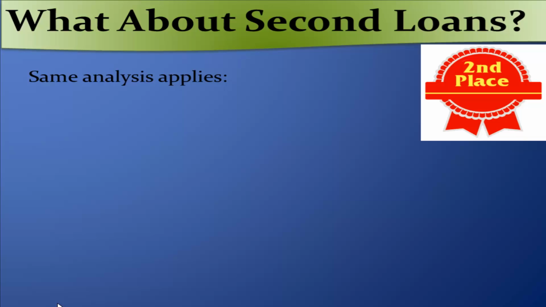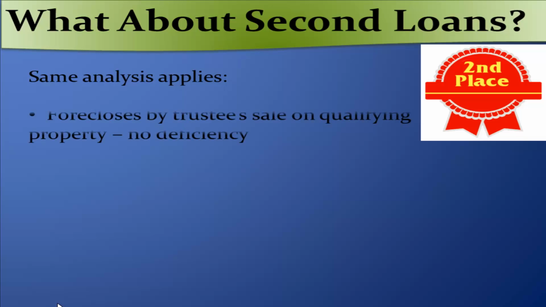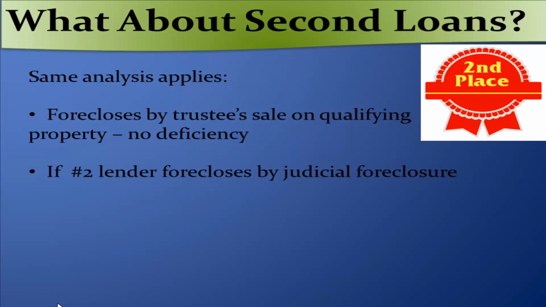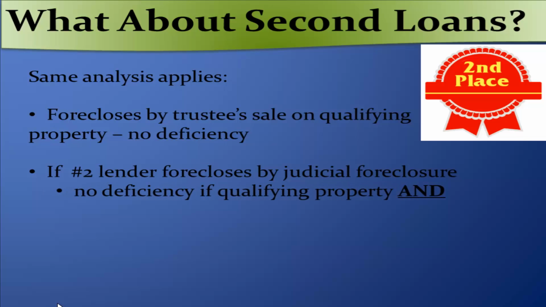So what about second loans? Basically the same analysis applies. If the lender forecloses by trustee sale on qualifying property, then the second lender may not get a deficiency, may not go after any other collateral than the property itself. If the second lender forecloses by judicial foreclosure, then we need to know whether the property is qualifying property and whether it's a purchase money loan.